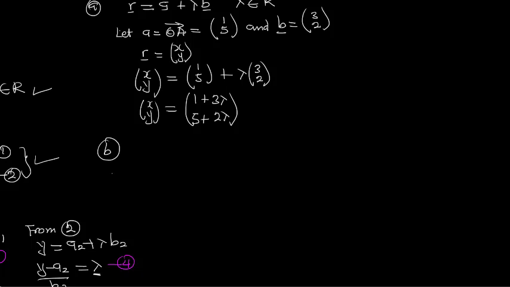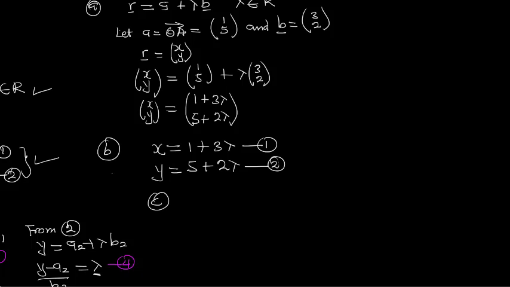The parametric form, as I described, is x is equal to 1 plus 3 lambda. That is equation 1. And the second one is y is equal to 5 plus 2 lambda. That is 2. This is the parametric form of the vector equation of a line.